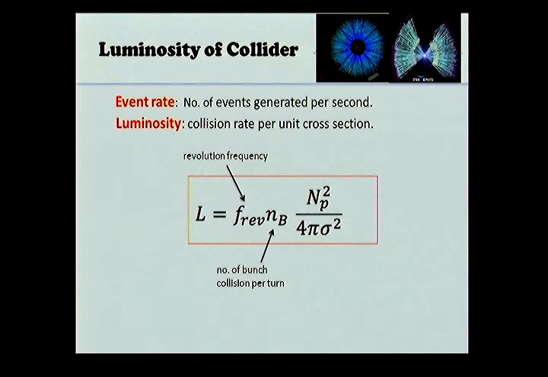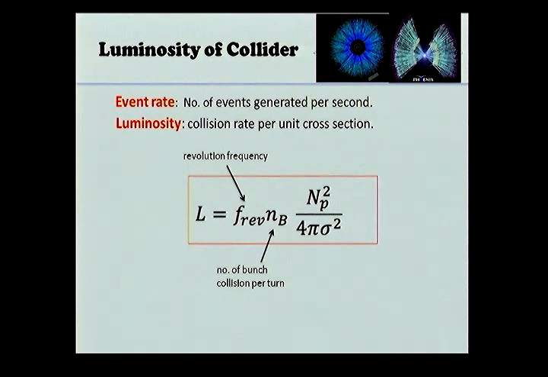Luminosity is also proportional to the number of bunch collisions per turn. Each turn, the particle finishes in 12.8 microseconds. In such a short period, there are 107 pairs of proton bunches colliding at PHENIX, and 102 pairs colliding at STAR.